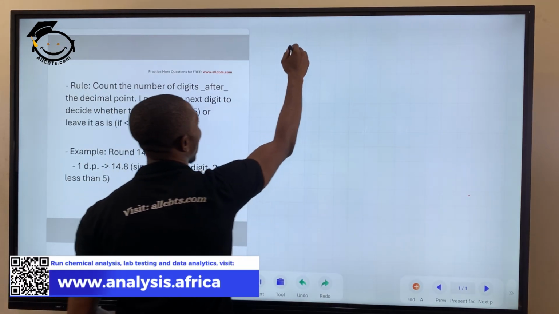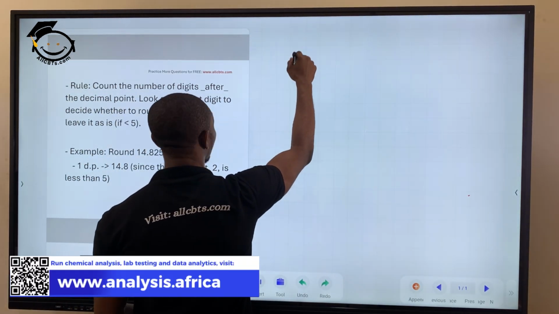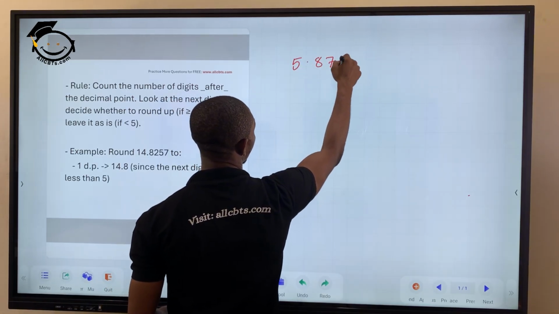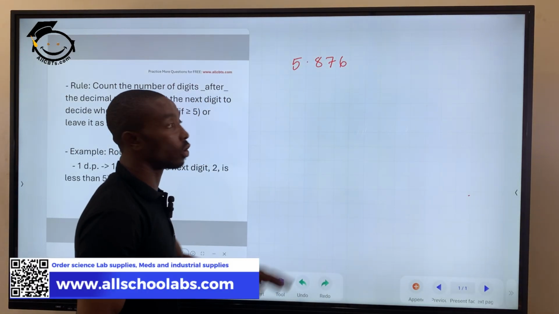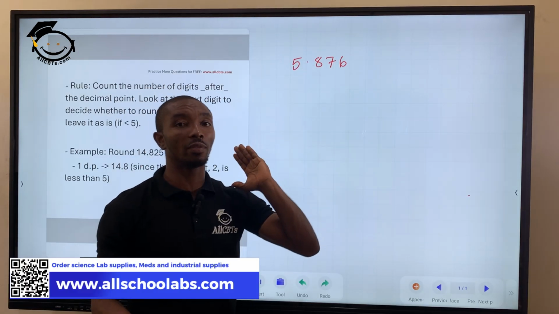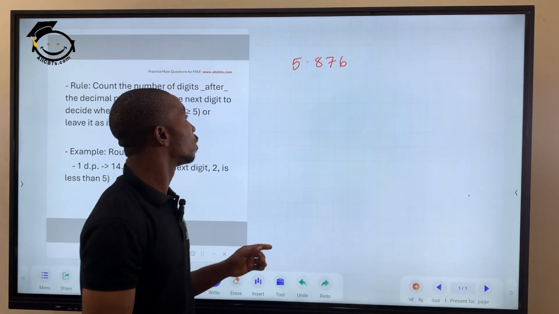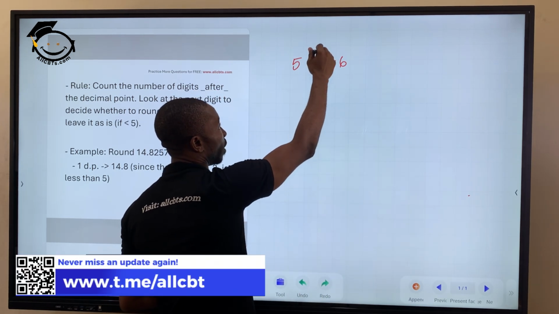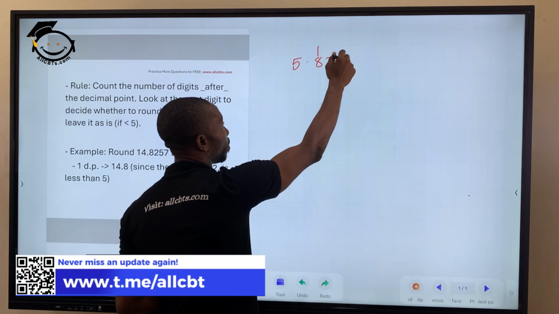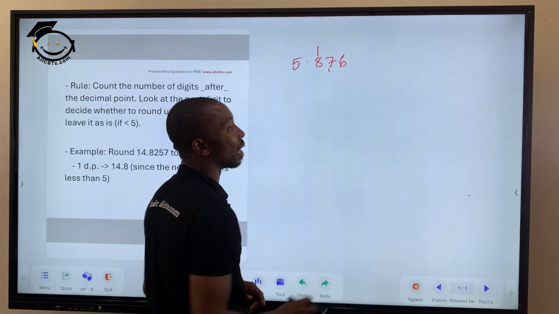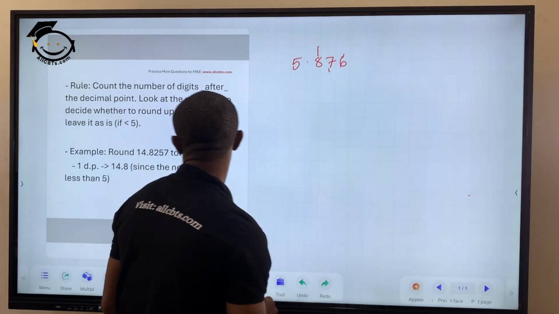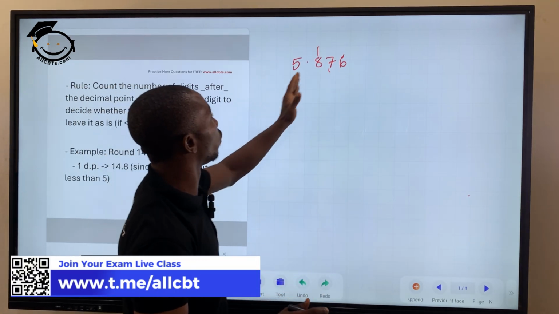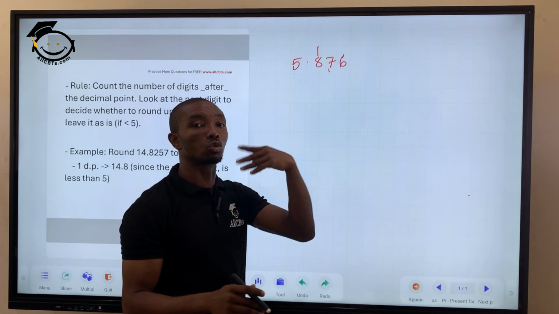So for example, if we have 5.876, remember that numbers after your decimal point are not whole numbers. So if we have 5.876, this is the first decimal place, second decimal place, and third decimal place. All right. So you need to know the decimal places and how to calculate them.